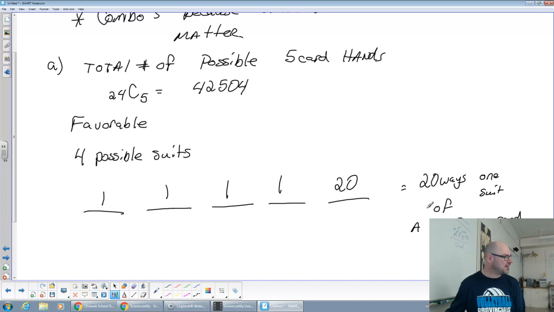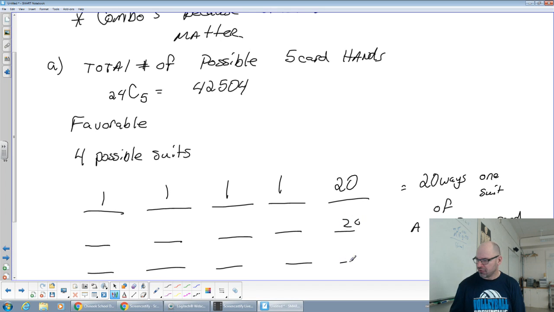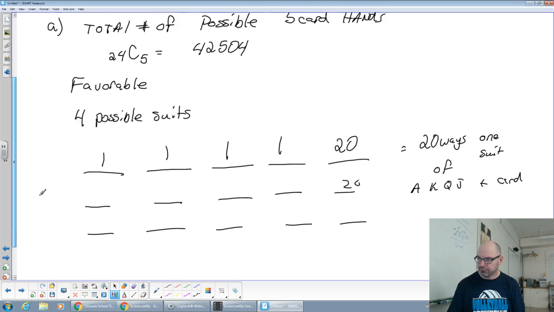If there are 20 ways to do that for one suit, how many suits are there? There are 4, so you're going to do this 4 times, or you could just multiply by 4 because it's going to be the same. This is hearts, diamonds, spades, and clubs.